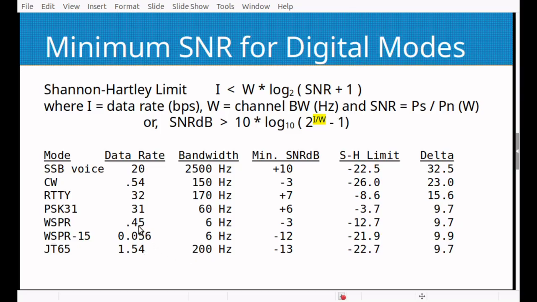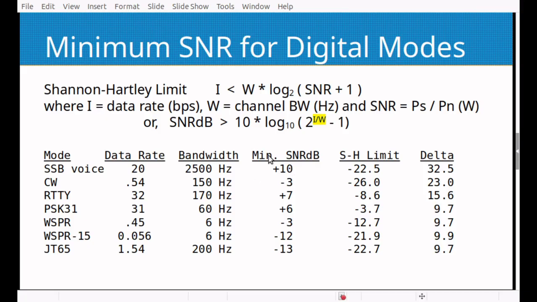So Whisper has 1/3 as many bits, but it's sending those bits over a channel that's only 6 hertz wide. So this channel for JT-65 is about 30 times wider, and it only increases the amount of information by a factor of 3. That's why it has such a low Shannon-Hartley limit of 23 dB.